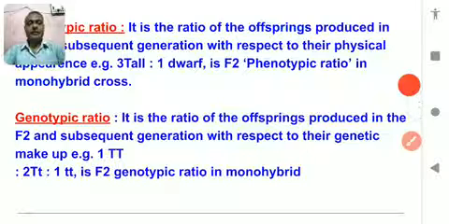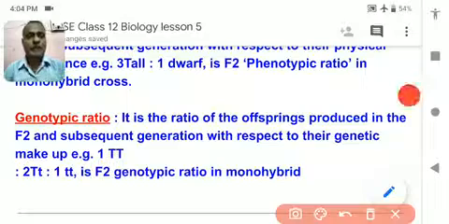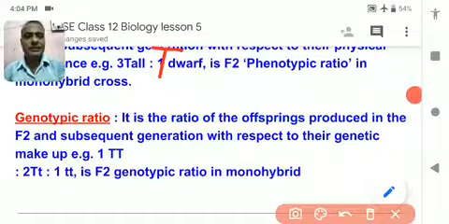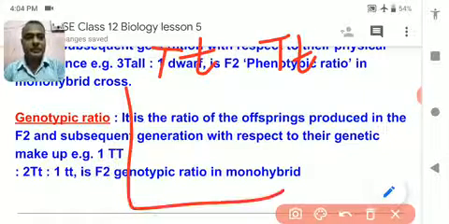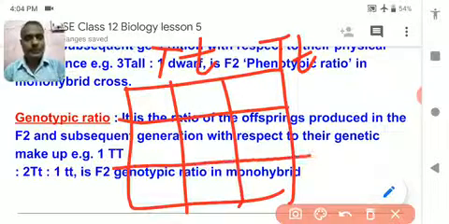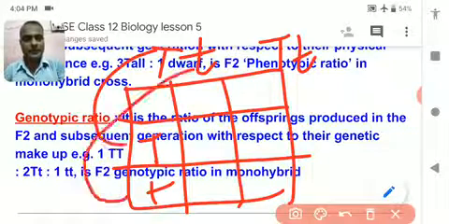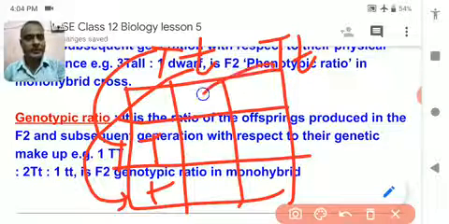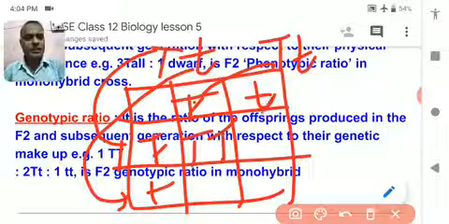So when you cross, suppose I am crossing the offspring of the F1 generation. This one is the offspring of the F1 generation, isn't it? So I am making a Punnett square over here. Capital T and small t, capital T and small t. When crossed: capital T capital T, capital T small t, capital T small t, and small t small t.